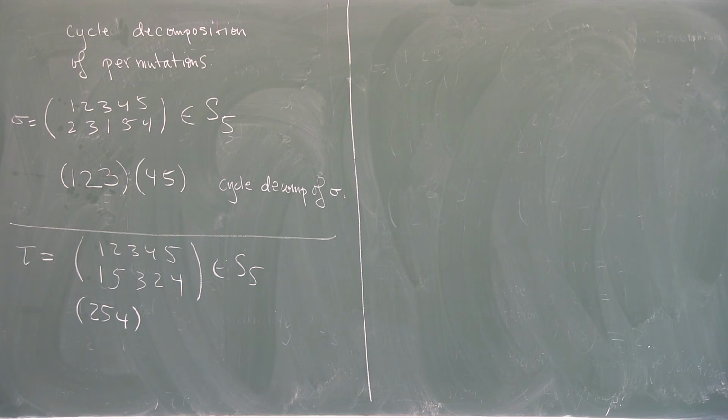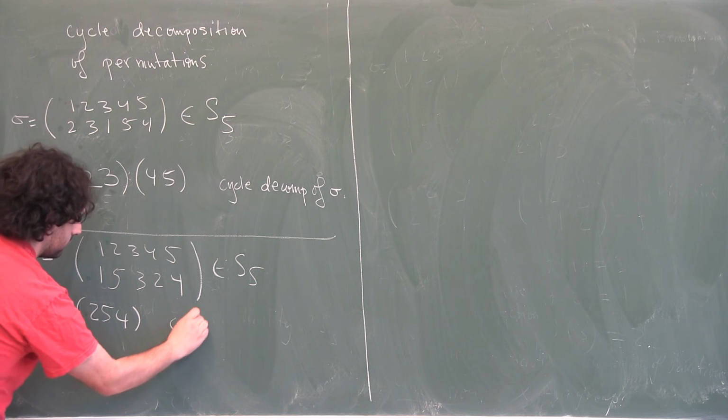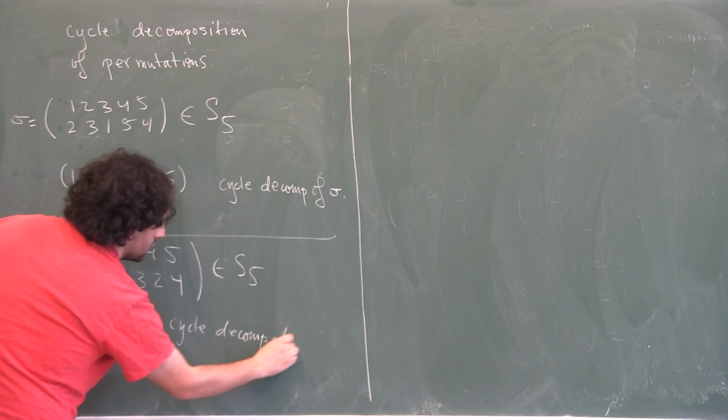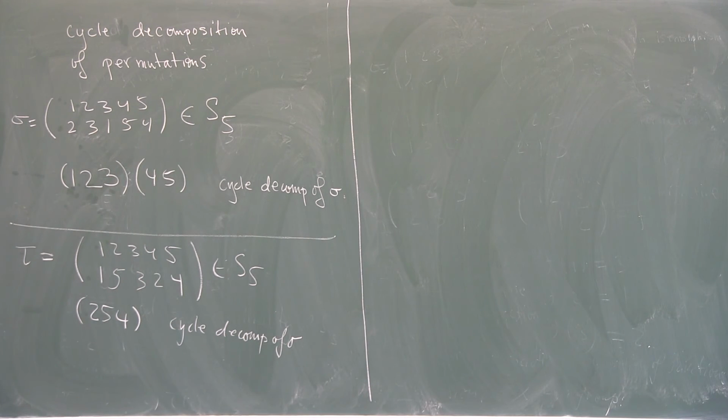But 3 also maps to 3, so we leave it out as well. And this is the cycle decomposition of sigma.